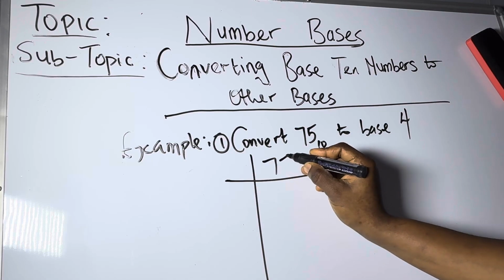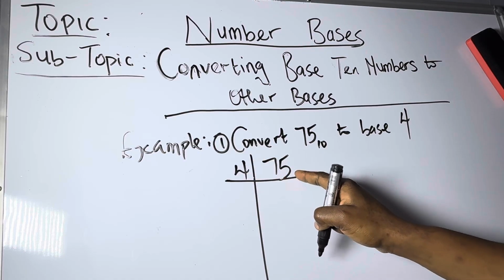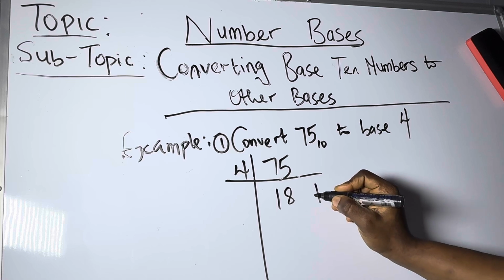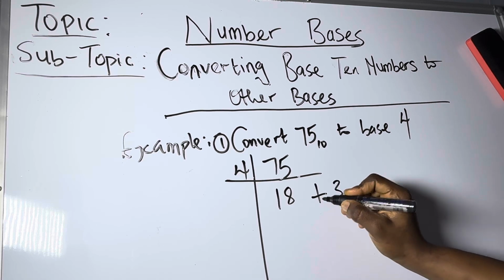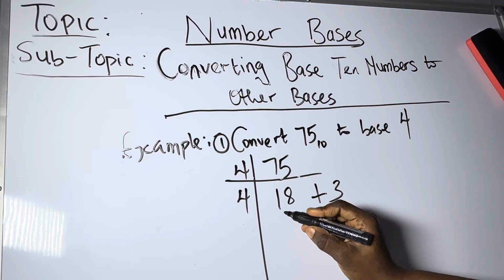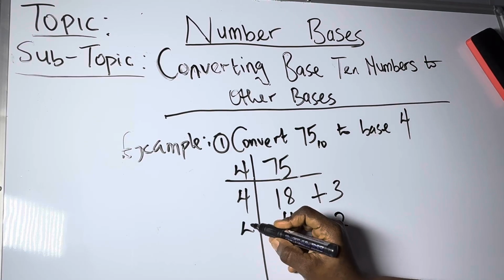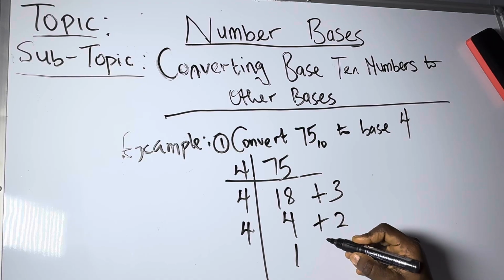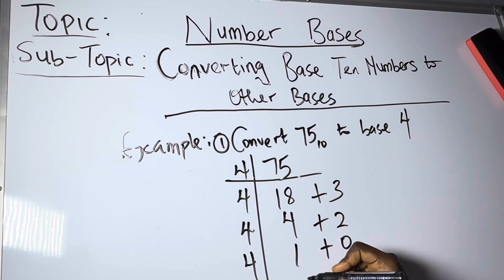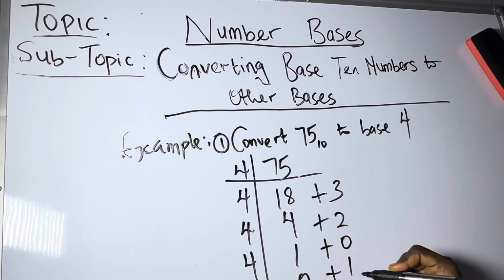This is 75 in base 10 divided by 4. 4 in 75 is 18, remainder 3. 4 in 18 is 4, remainder 2. 4 in 4 is 1, remainder 0. 4 in 1 is 0, remainder 1.